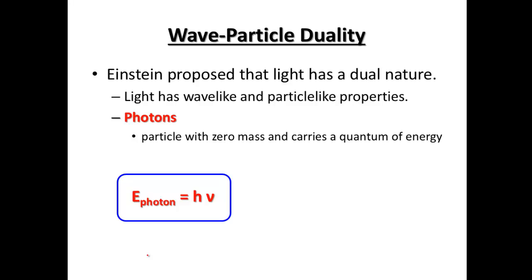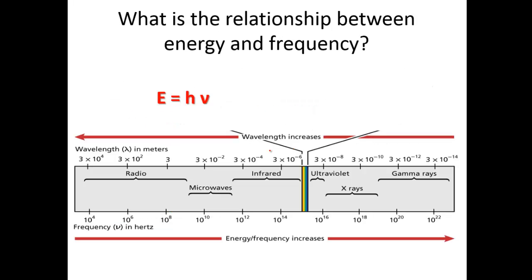So Einstein, we looked at light's duality in nature. It kind of looks like a wave and a particle; it has properties of both. So photons are particles with zero mass, but they still carry energy. The energy of the photon is equal to h nu. When we compare energy to frequency, as frequency increases, so does energy.